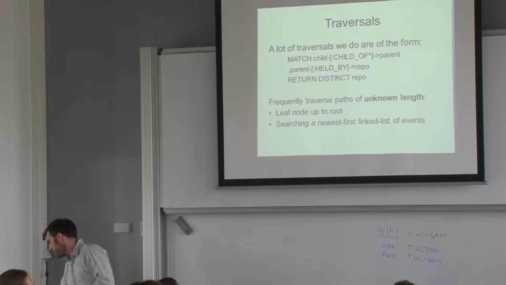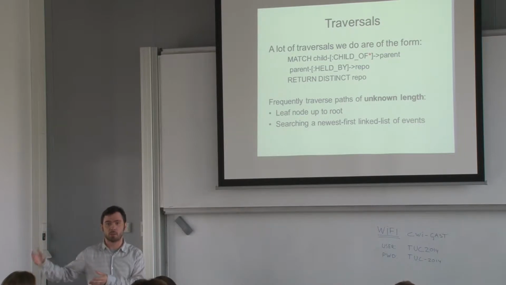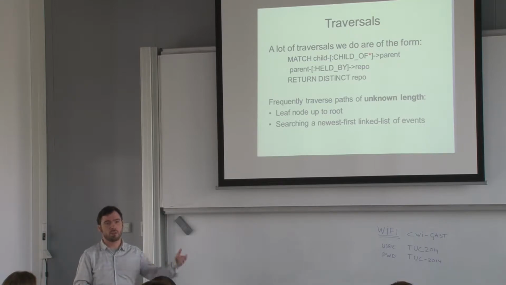So, just a tiny bit about the nature of the traversals we do. A lot of them are very simple, obviously, but a lot of them are following these hierarchies up and down. For example, there are hierarchies in the material itself, or which users belong to particular groups, which can have multiple layers. And so we do a lot of traversing when we don't know how long the path is going to be.